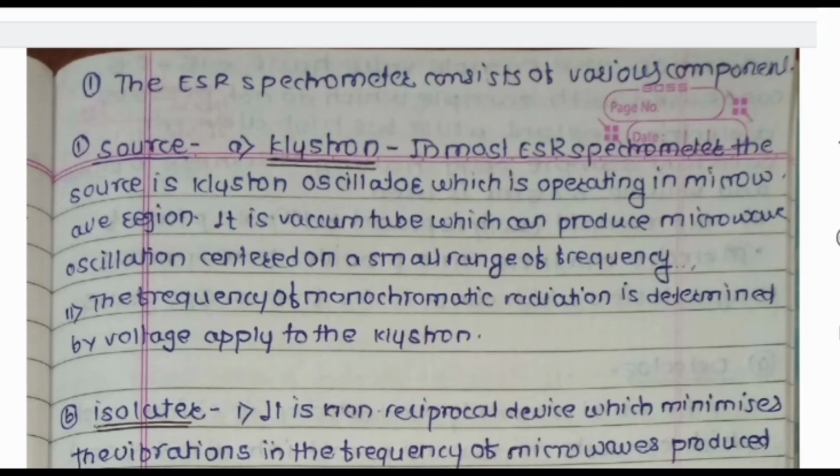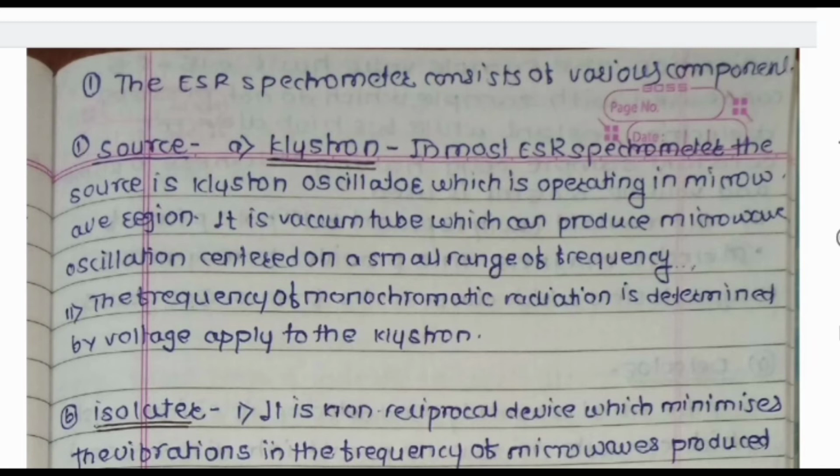Certain heating takes place, and that heating can be eliminated this way. The frequency is generally kept fixed by an automatically controlled circuit, and it provides a power output of around 300 milliwatts. So these are the important points for the klystron source.